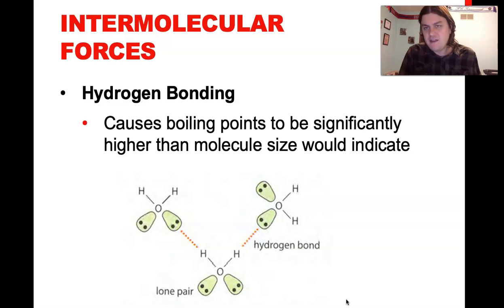The covalent bonds within this molecule are so polar, the electronegativity is so great that the oxygen has almost totally taken control of the bonding electrons. And where you would see the hydrogen atom here, that's almost like just a single proton sticking out the end of the molecule.